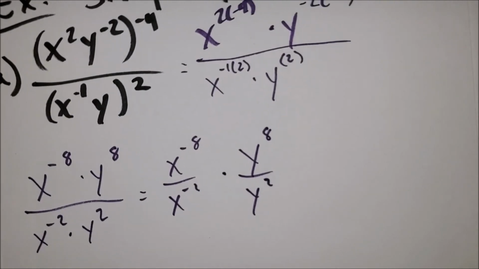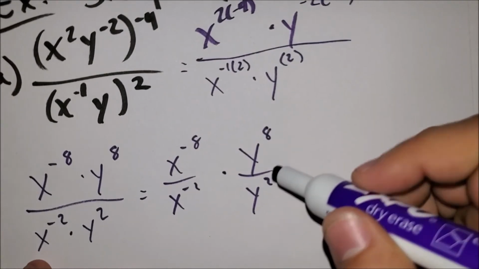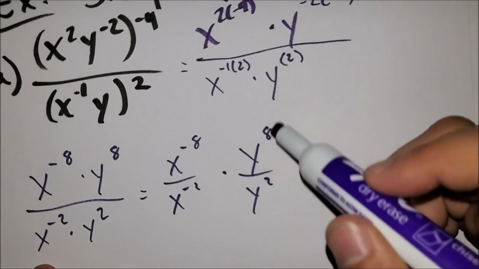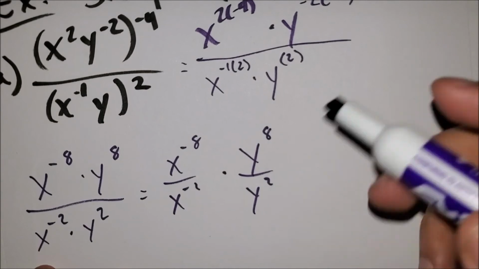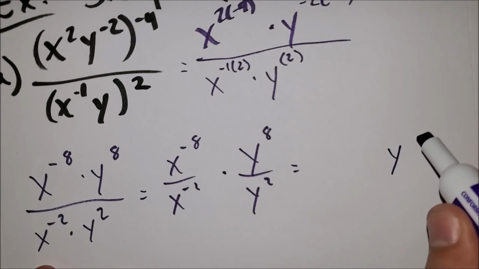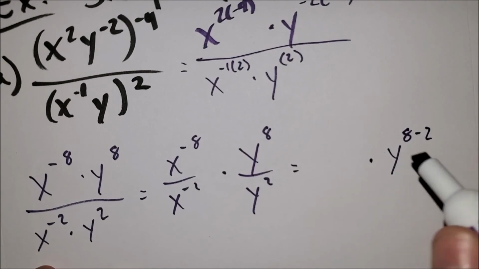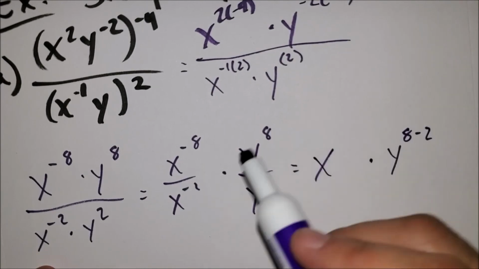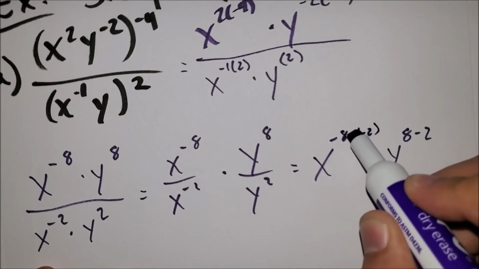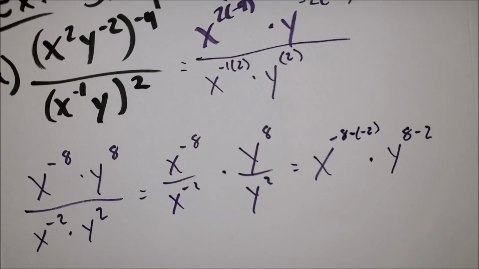We're going to simplify this one first, because this is the easiest one to do. Since these are dividing out, we say this minus this, the 8 minus the 2. So for our y's, we end up with y to the 8 minus 2. And for our x's, we get x to the negative 8 minus negative 2. That's by rule 5.